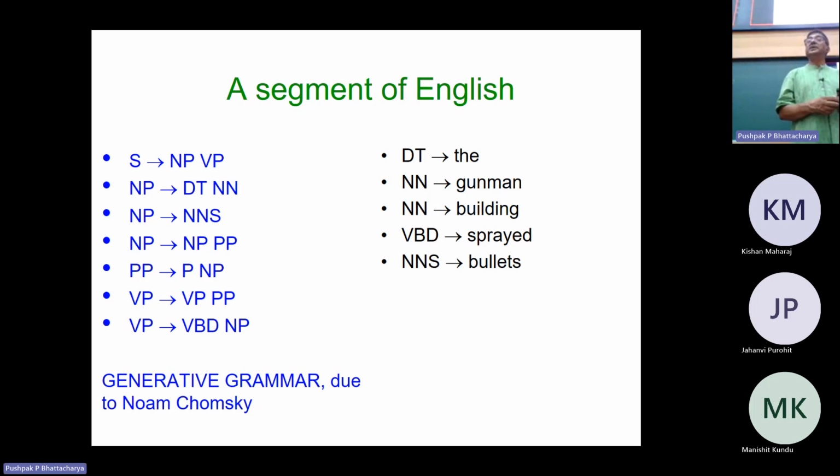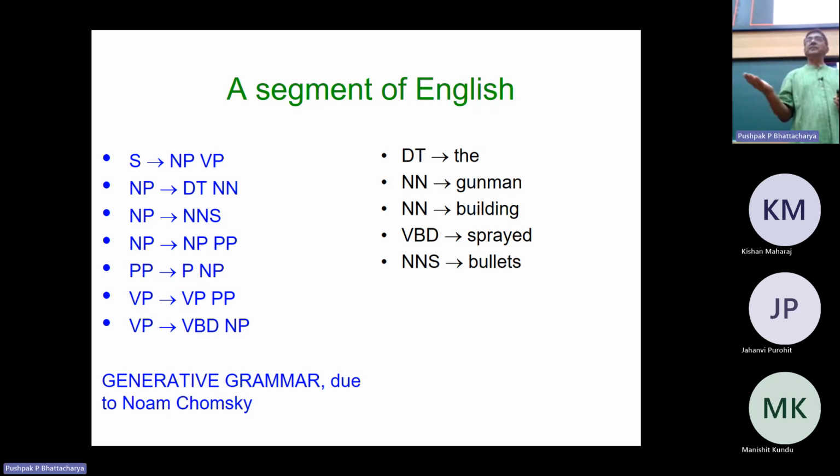What about with a binocular in the bus? Will that be admitted? Processed? So PP will be applied. PP is P and NP. So with will be absorbed. Then we have an NP, a binocular. A binocular will be processed through NP.